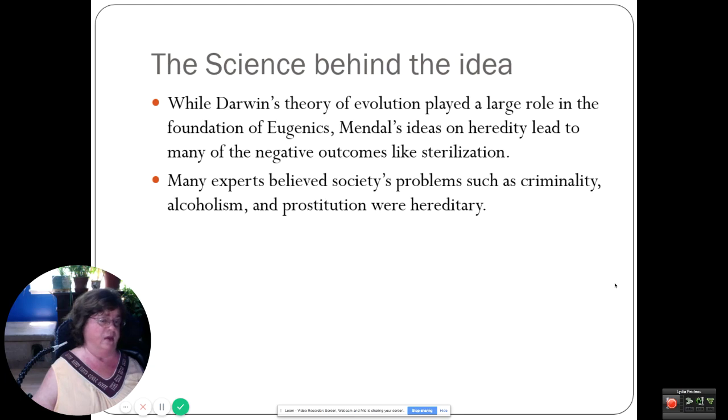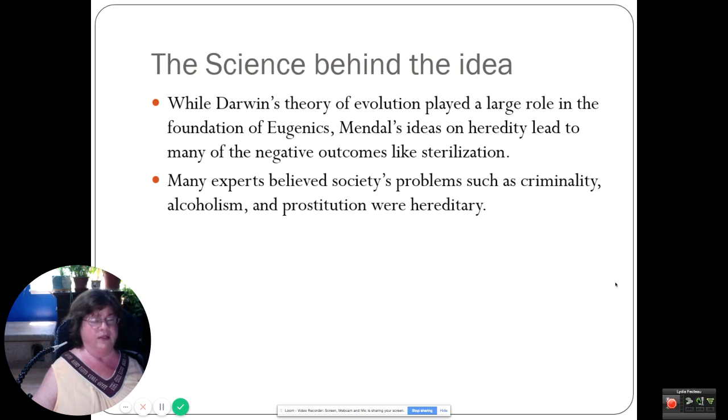So the science behind the idea, is there any truth to it? While Darwin's theory of evolution played a large role in the foundation of eugenics, Gregor Mendel, do you remember him with the peapods? Well, his ideas on heredity led to many of the more negative outcomes, such as sterilization. Many experts believed society's problems, such as criminality, alcoholism, and prostitution, were hereditary.